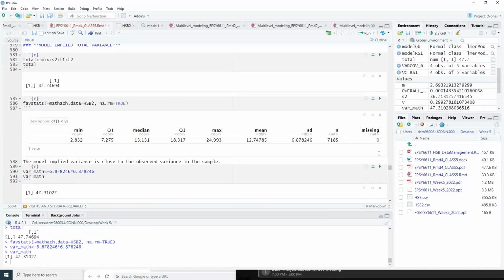Okay, this is what I just estimated the total variance in math achievement is. I just went back to my sample and said, here's the standard deviation. If I square that, that's the variance. My model implied variance should be really close to the actual variance, right? If the model implied variance is not close to the actual variance, that would suggest my model is not implying the right variance.